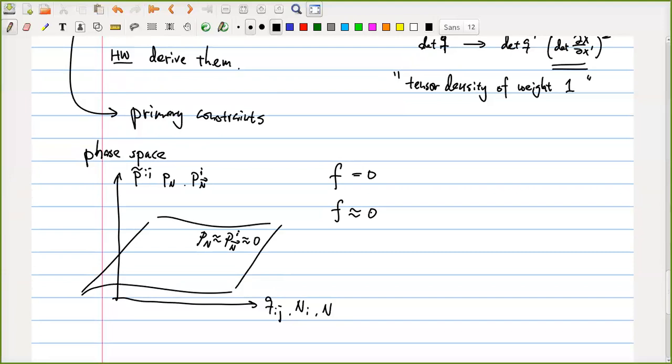It just means that this function equals 0 only on the constraint surface, as opposed to equal to 0 on the entire phase space.